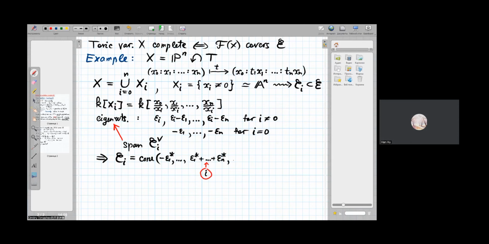And so on. Minus epsilon n star at the end.